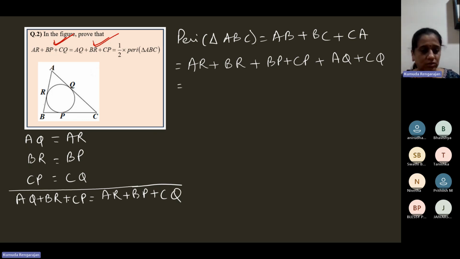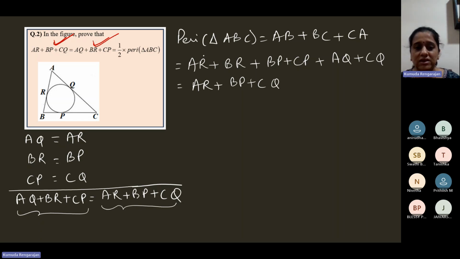All right. Now, we have this result, right? Look at this result. AR, BP, CQ, and here it is AQ, BR, CP. So we're just rearranging the line segments.